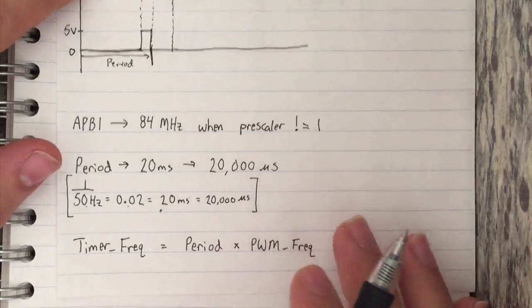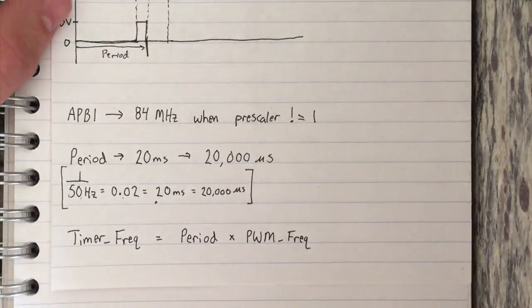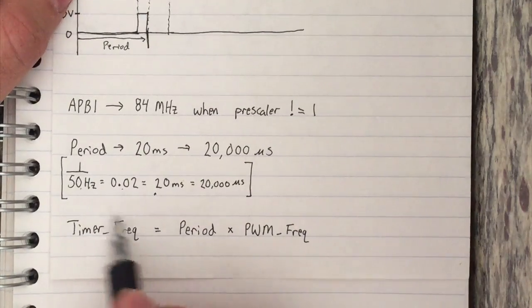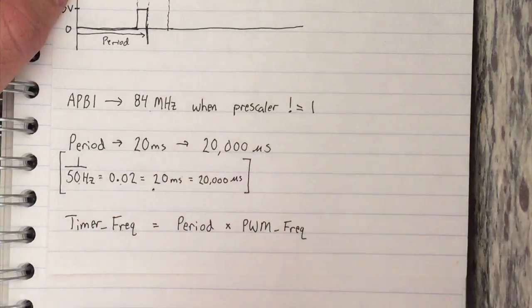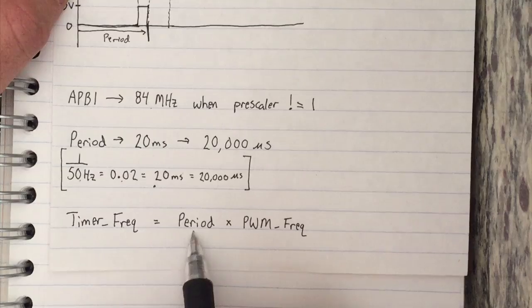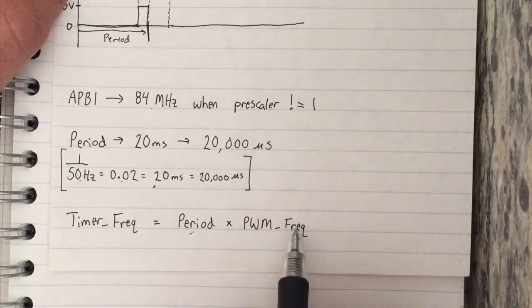Okay, so now that we have the period, we need to figure out the timer frequency that we need for our TIM peripheral. The actual frequency of our clock is running at 84 megahertz, but we need to prescale that down. The frequency that we need is essentially the period of our PWM signal times the frequency of our PWM.